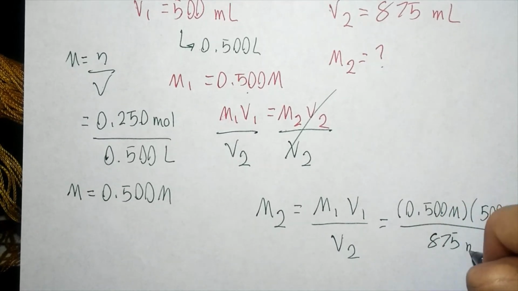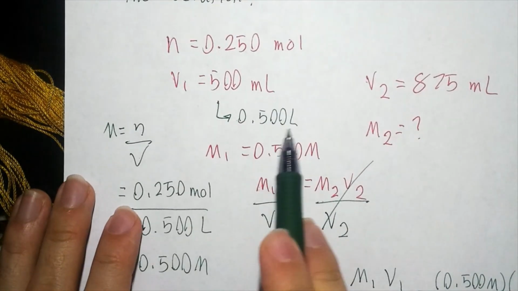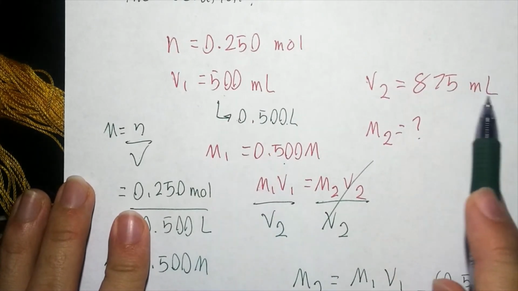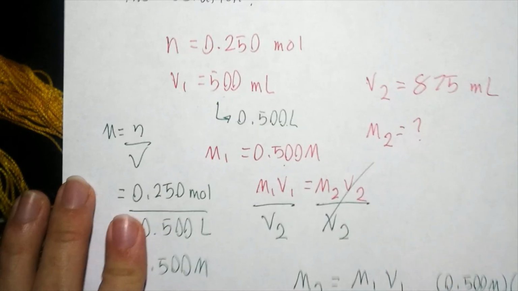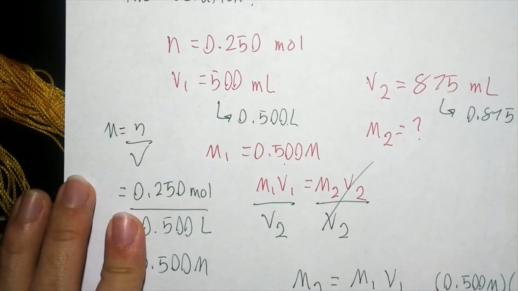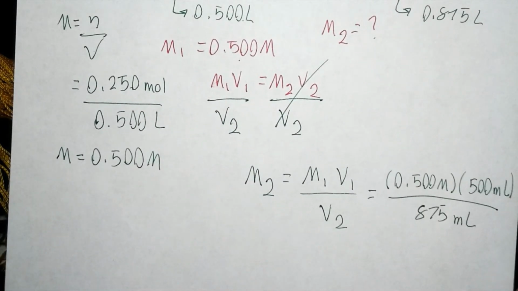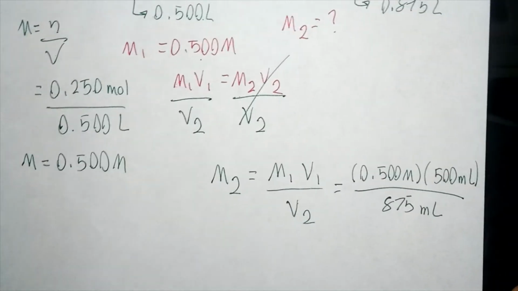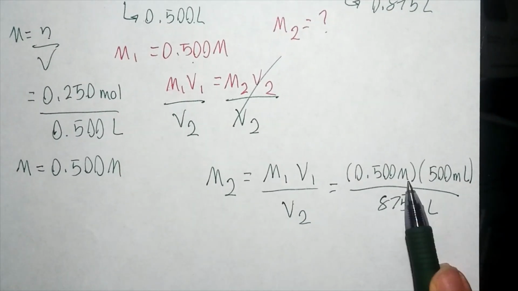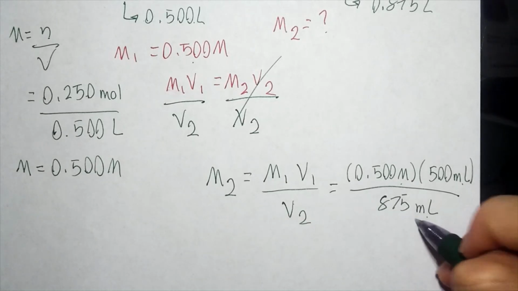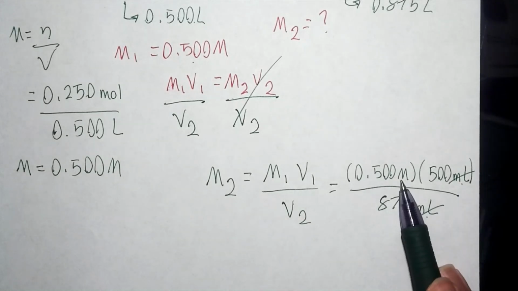Remember, even though I did convert our volume into liters, I'm still going to use this value just because I'm using milliliters still. If you wanted to, you could have converted this into 0.875 liters. When you plug it in, you would still get the same answer regardless. So in terms of units, it's going to be molarity times milliliters divided by milliliters. That means milliliters are going to get canceled out and you're left with molarity.